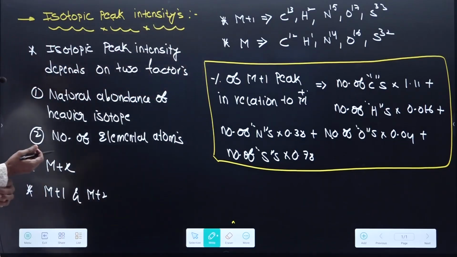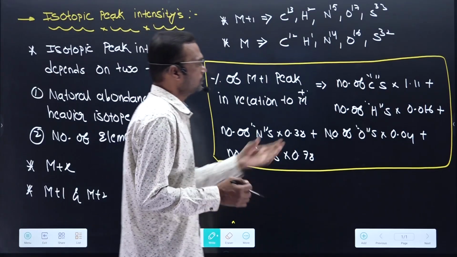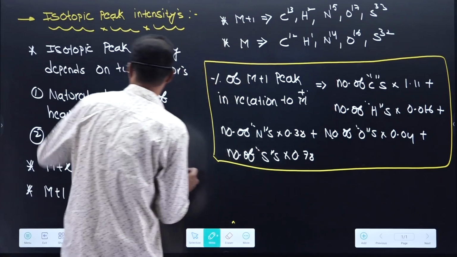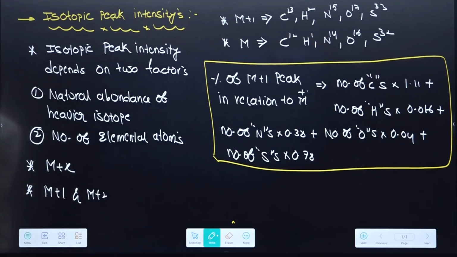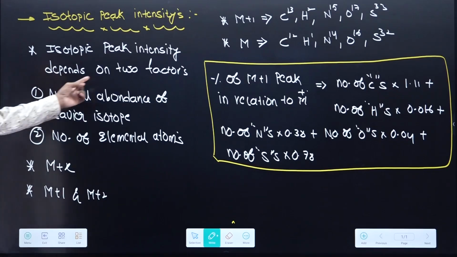So most commonly, suppose if I take a molecule of formaldehyde, first you take down this. Isotopic peak intensity depends on two factors.